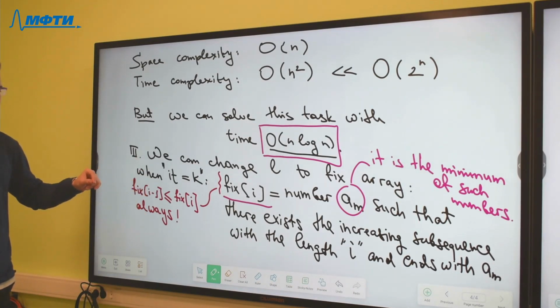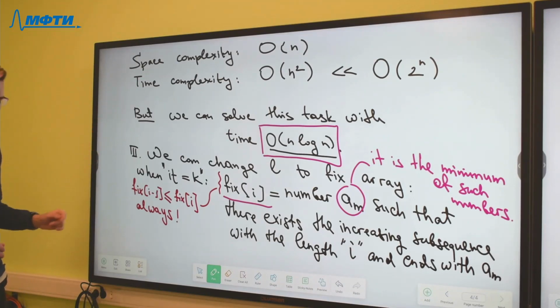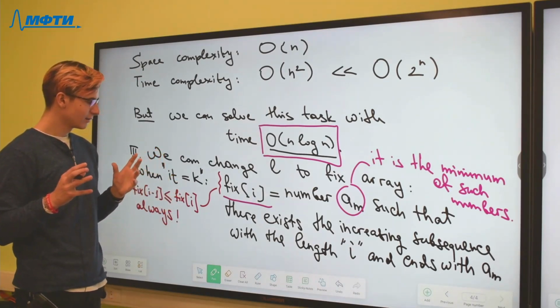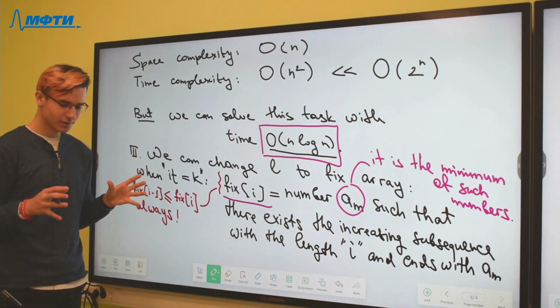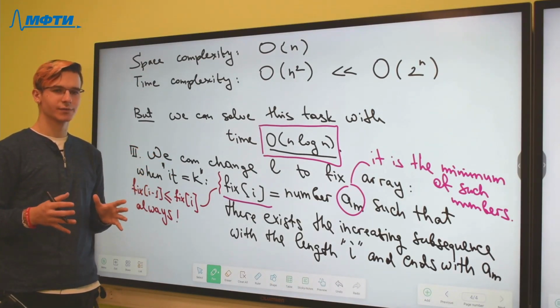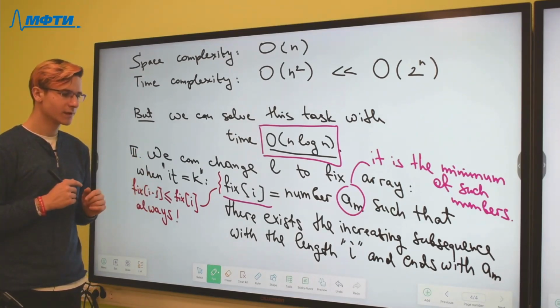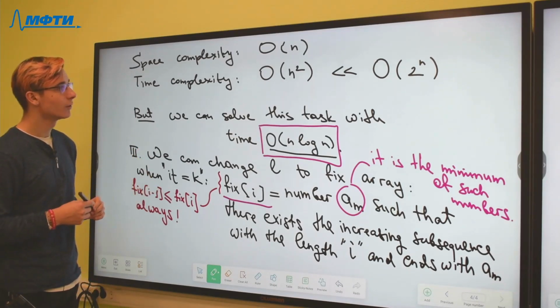So when we try to find the subsequence that was interesting for us, we spent n time to go through.